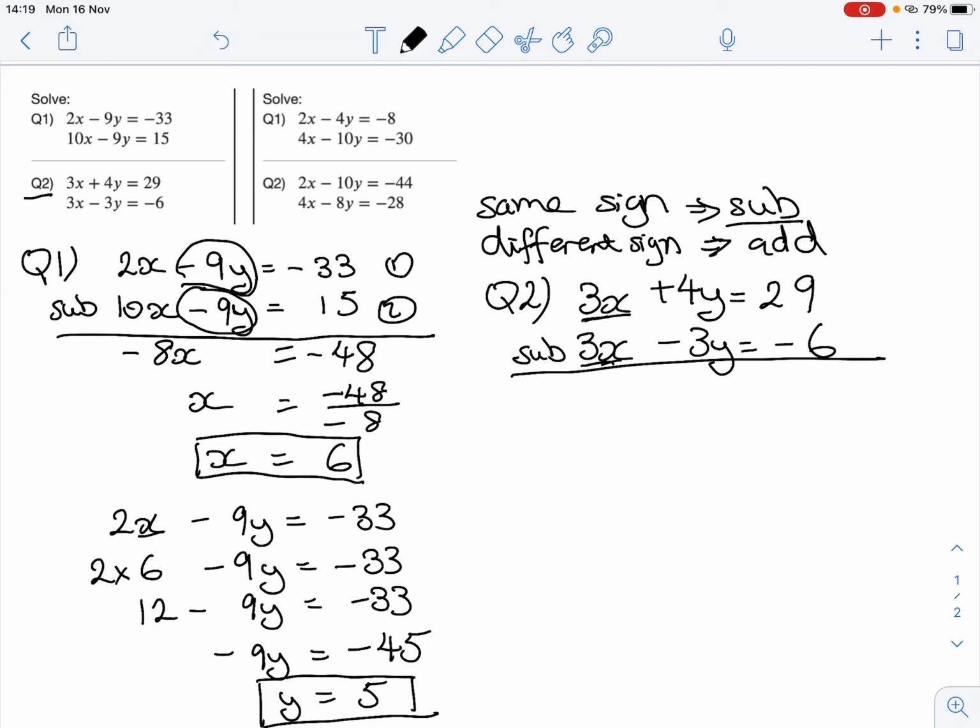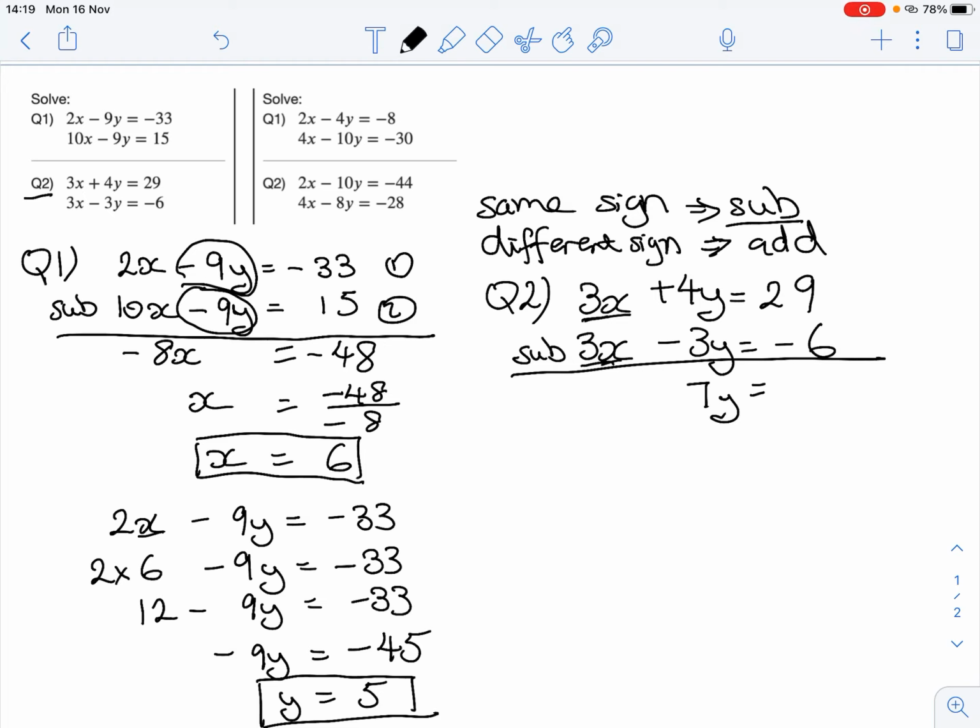So 3x subtract 3x is 0. 4y subtract minus 3y becomes 7y, because the minus becomes plus, so 4 plus 3 is 7y, equals 29 minus 6.